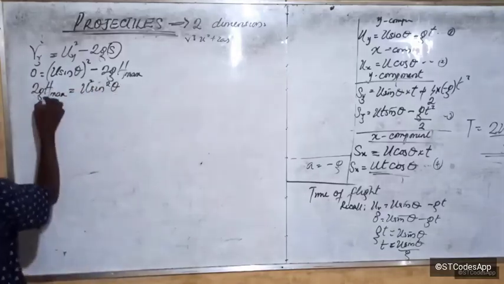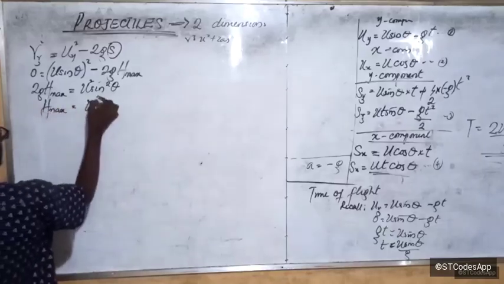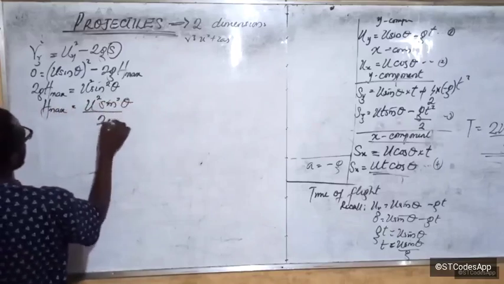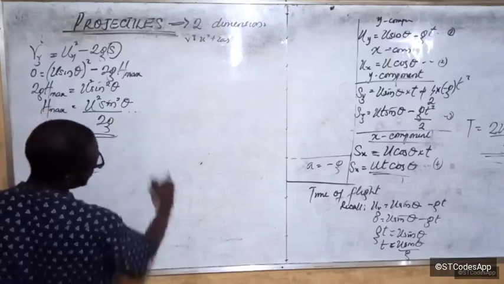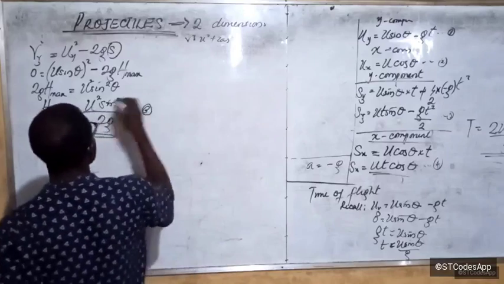Alright, so we can therefore make H max the subject of the formula so that it becomes u squared sine squared theta over 2g. And that's the formula for finding maximum height. And that is equation 6.